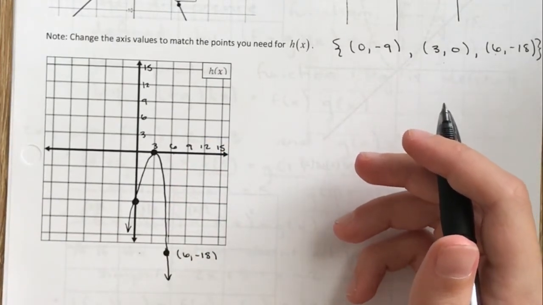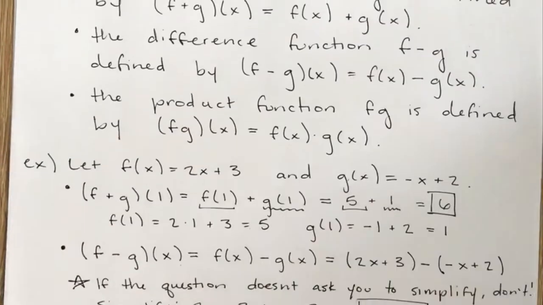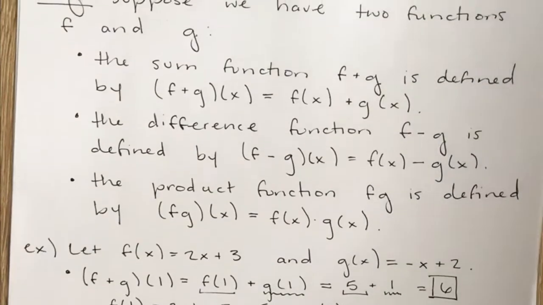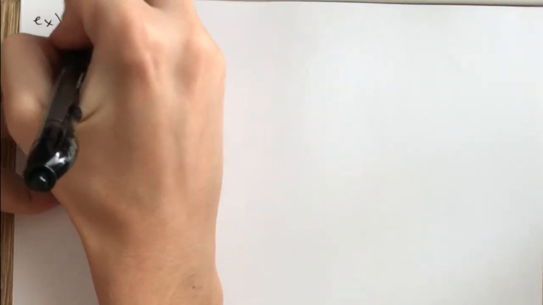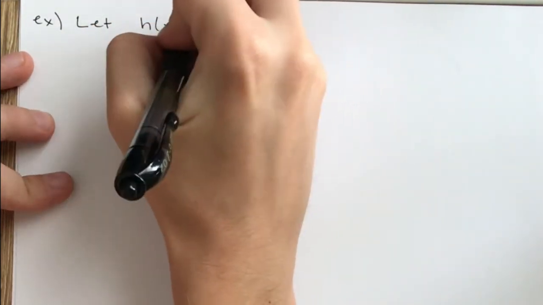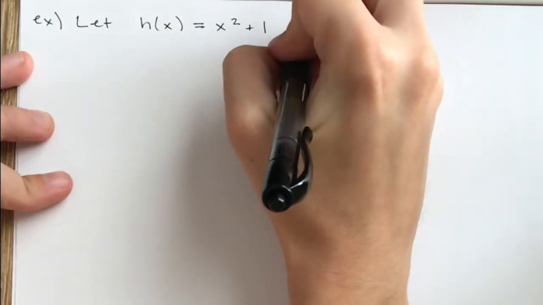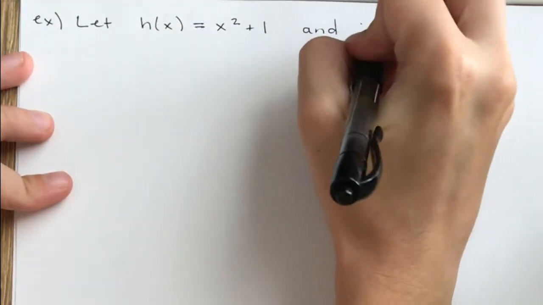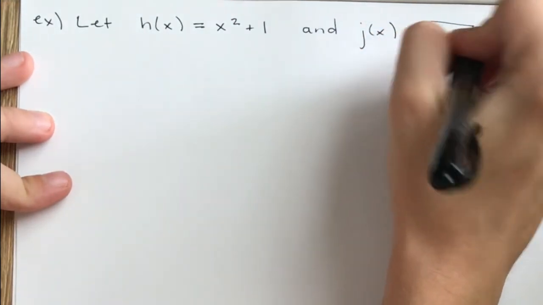Okay, let's go back to our notes really quickly. All right, so example. Let's say we have h of x, which is x squared plus 1, and j of x, which is square root of x minus 2.